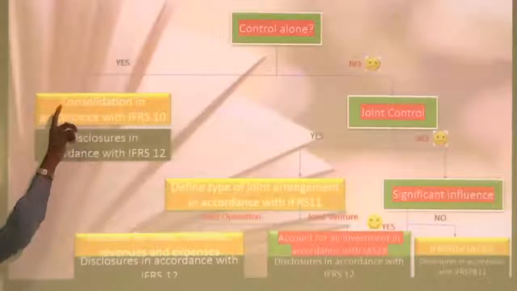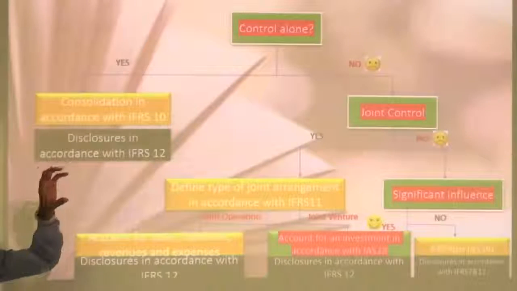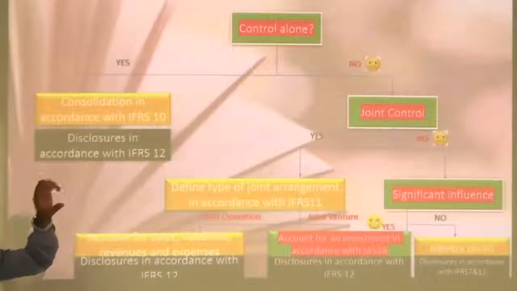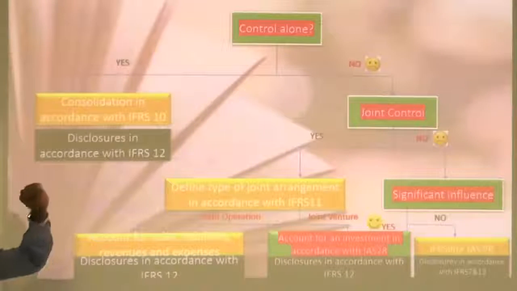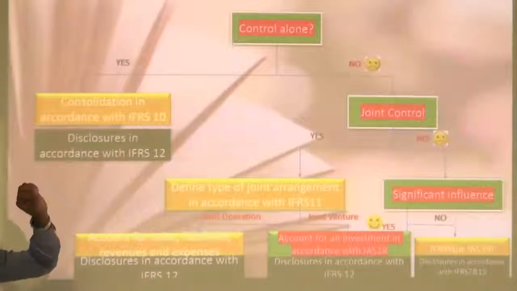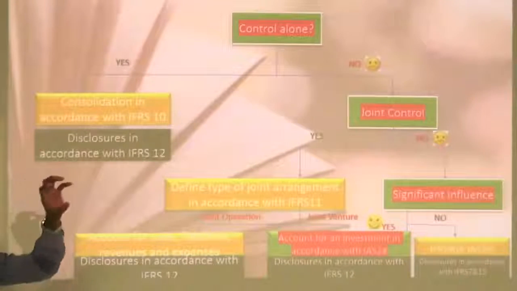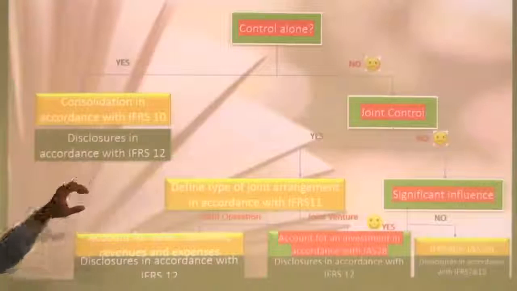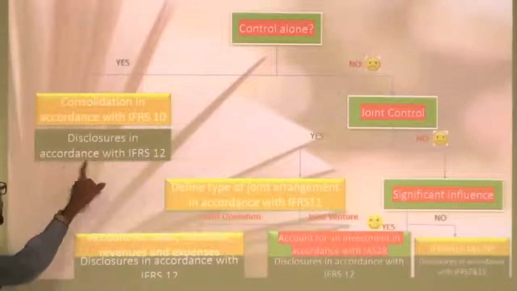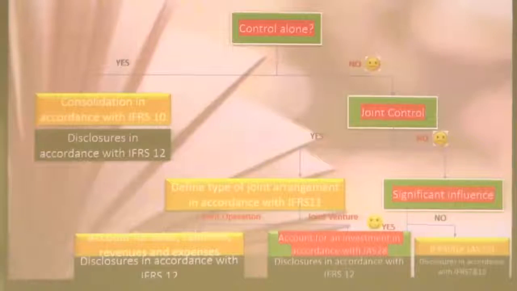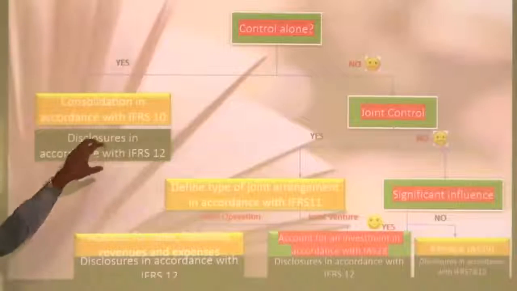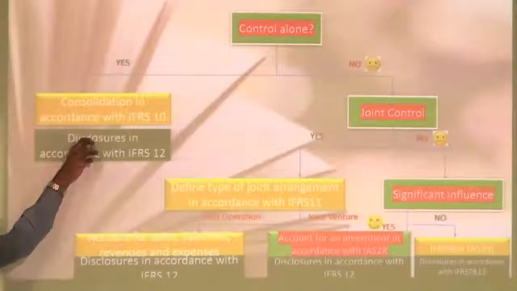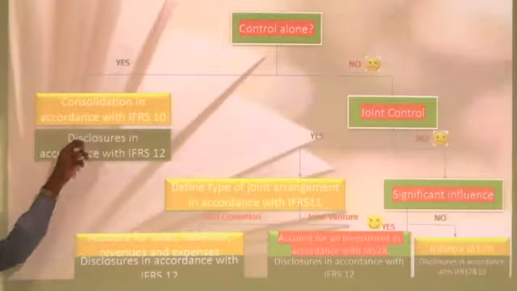I will discuss one simple question related to consolidated financial statements, but not a comprehensive one. Those who are not very familiar with the standard can keep these things in a logical way after that question. So if you are controlling alone, SLFRS 10, consolidated financial statements, is applicable.